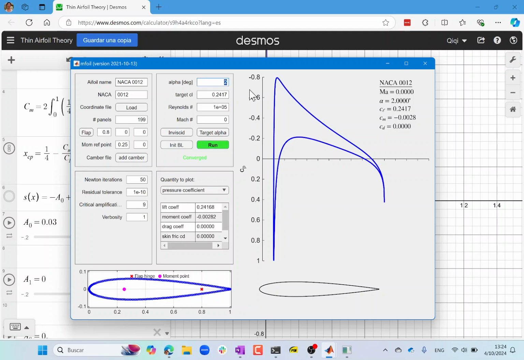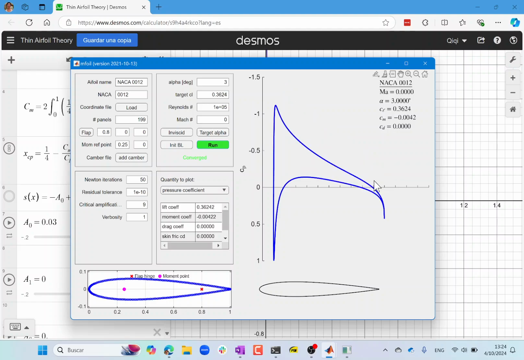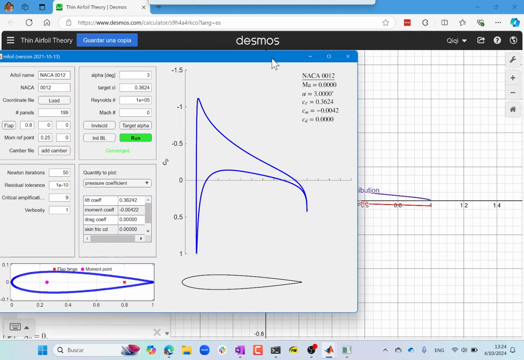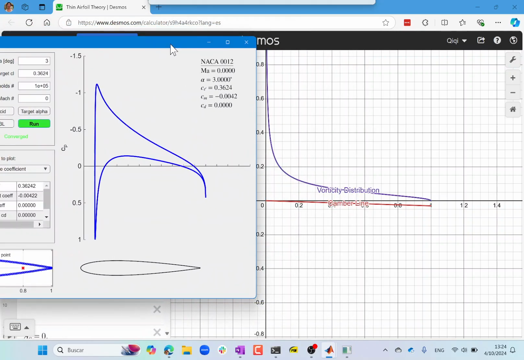And if you make it 3, the difference should be 3 times as large. And at some point, it should be pretty obvious that this function, the difference between the lower and upper surface, looks like the one in thin airfoil theory pretty well, right? Okay, any questions so far?